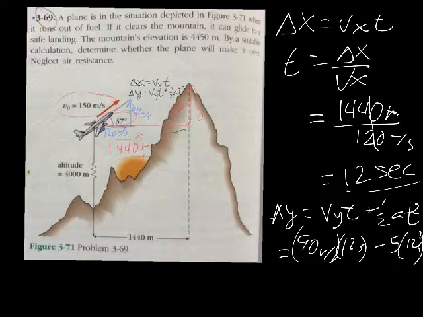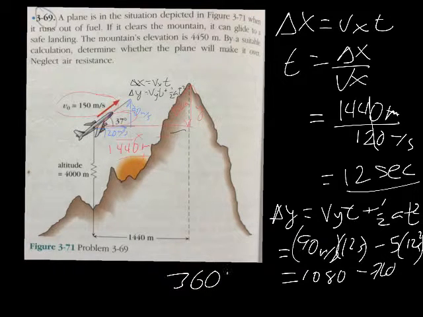So 90 times 12 is 1080, minus 5 times 144, which is 720. 1080 minus 720 is 360. 360 meters.